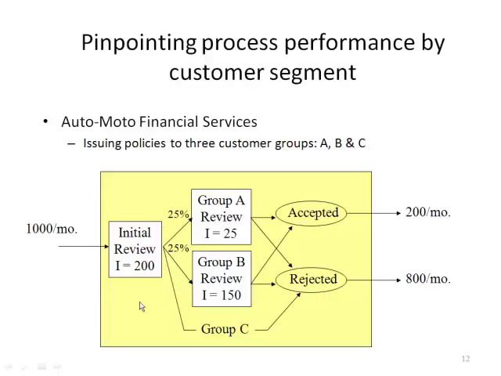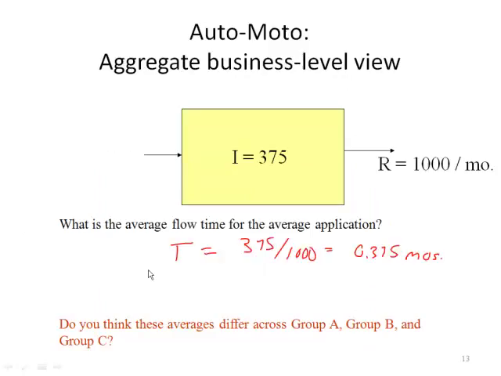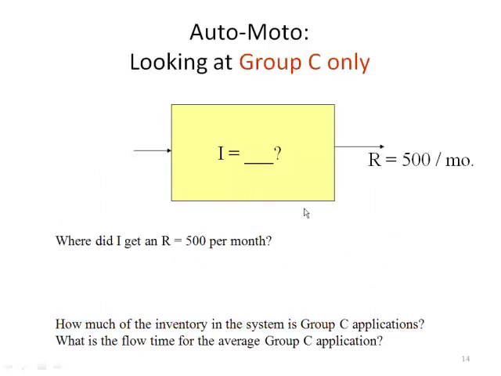Now, how much of the inventory here represents Group C? None of this. That's all Group A review. None of this. That's all Group B review. If we look at initial review, that's got to include A, B, and C applications. And since C represents 50% of the inflow to the system, I have 1,000 flowing in per month, 500 of them being Group C, then 50% of this inventory must be C. So I go back to my slide here, and I figured out, okay, the flow rate is 500 Cs per month.